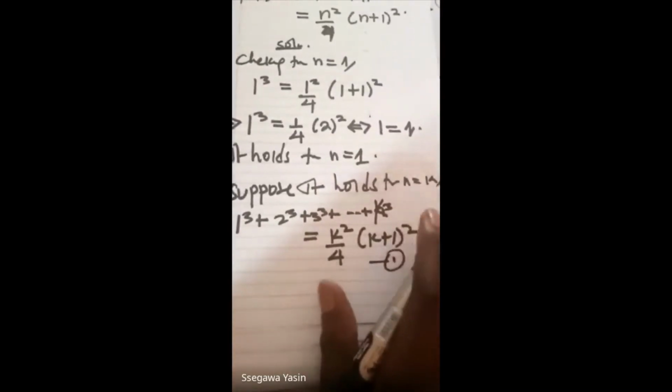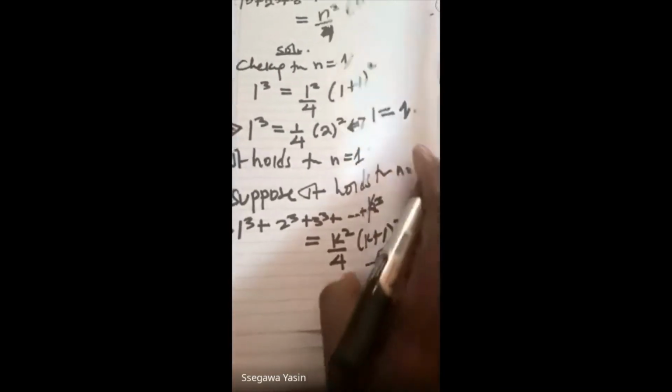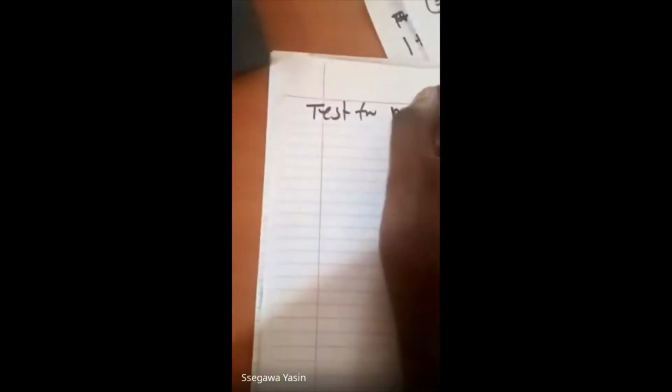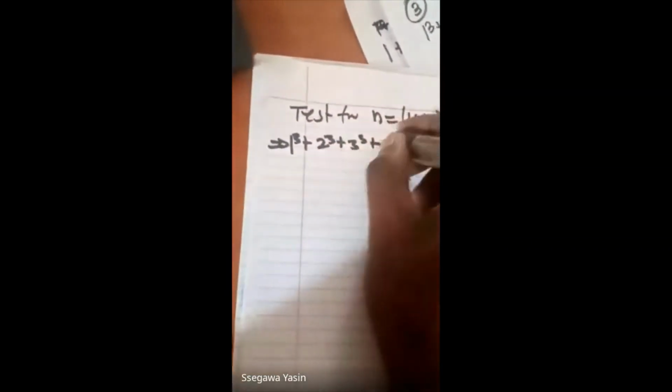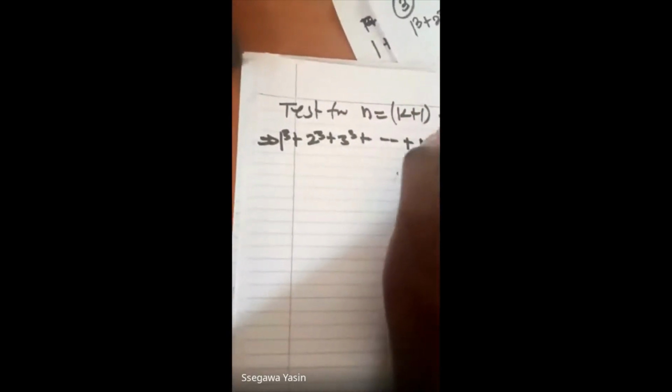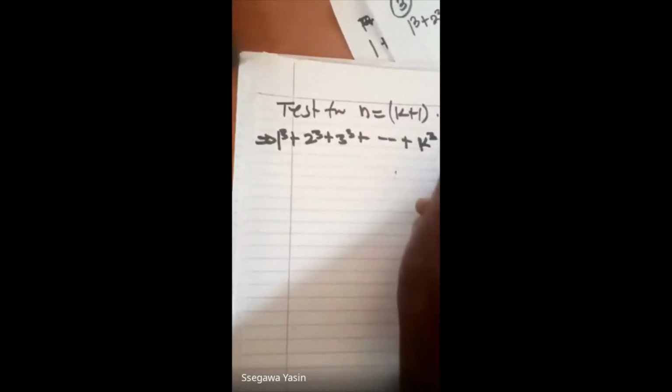Now we have said we suppose or we check. We test for n is equal to k plus 1. We have 1 cubed plus 2 cubed plus 3 cubed plus up to k cubed plus k plus 1 cubed.